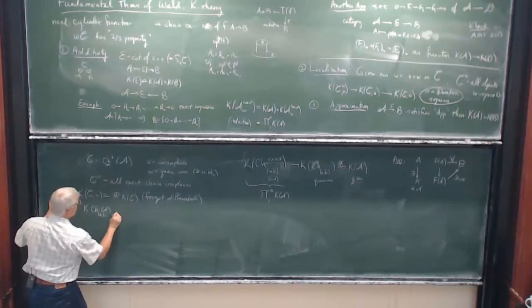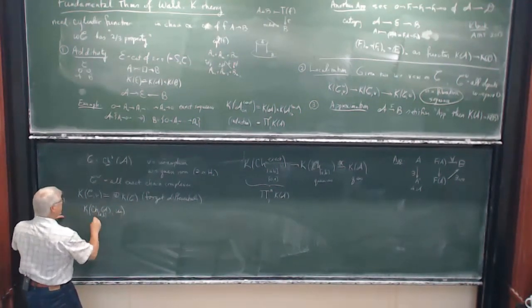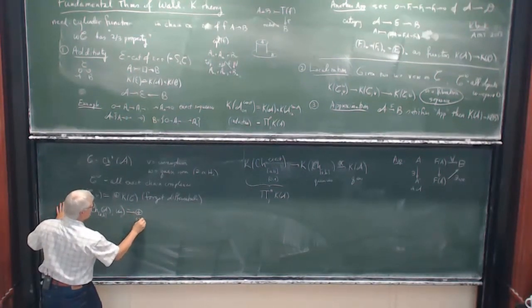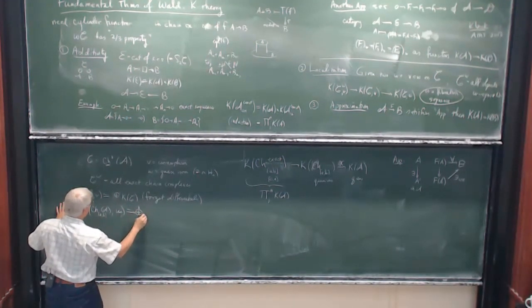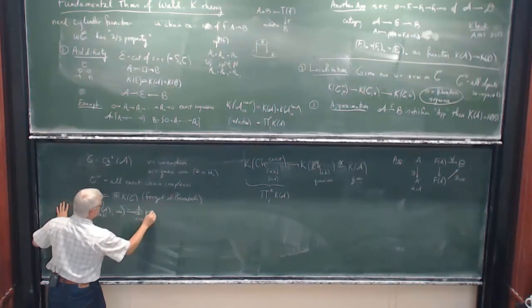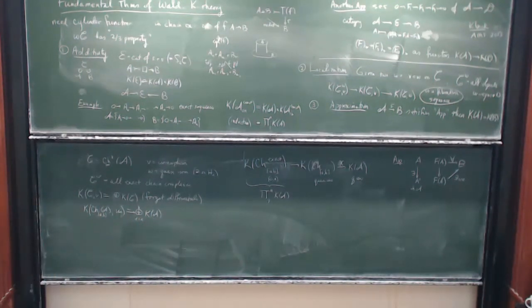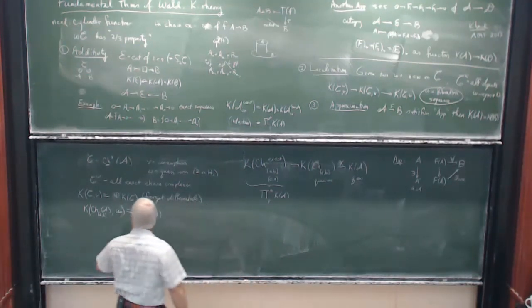Let me write iso here, just so that we're clear. So this is a direct sum from i equals A to i equals B of the K-theory of A. Is that what you're asking? Yep. Okay.